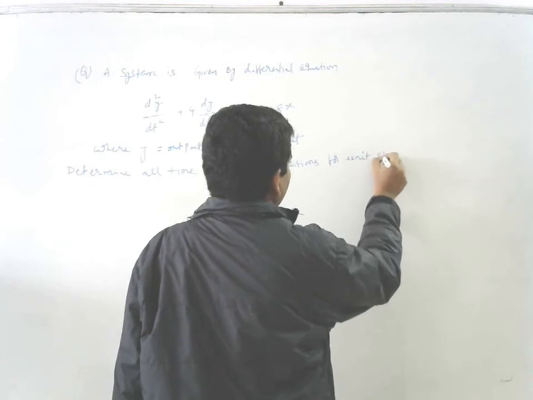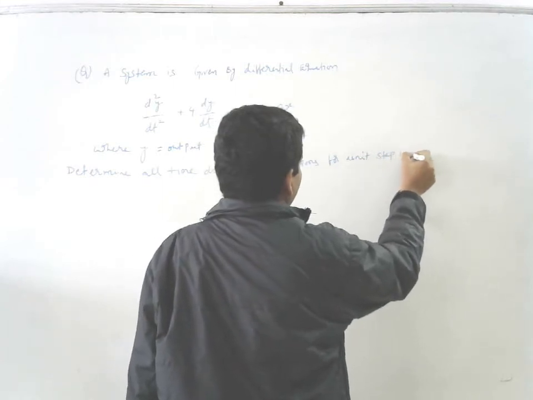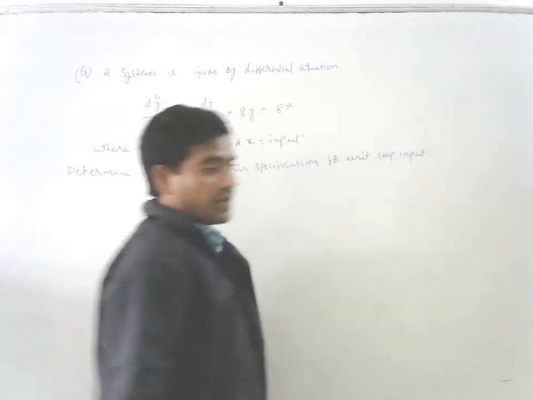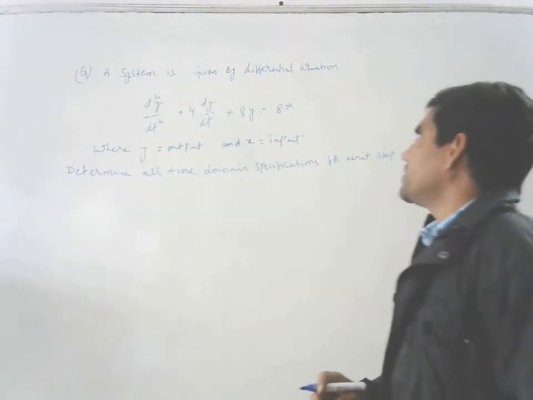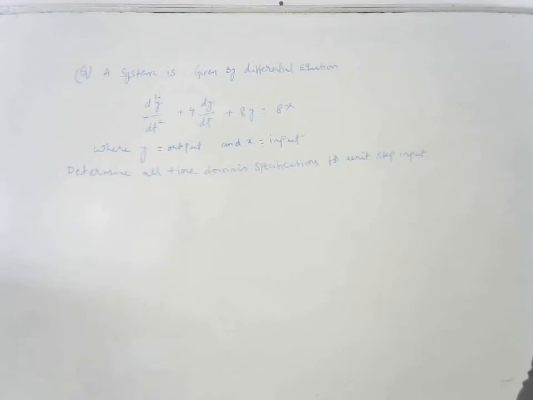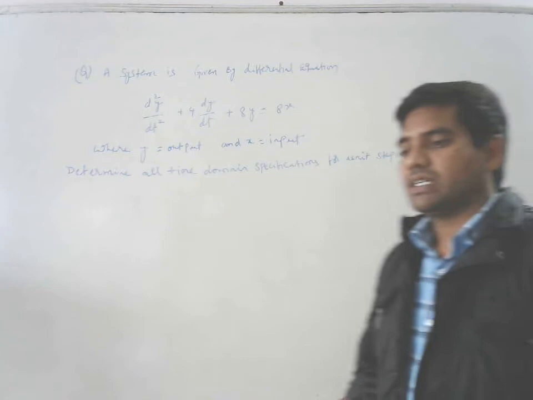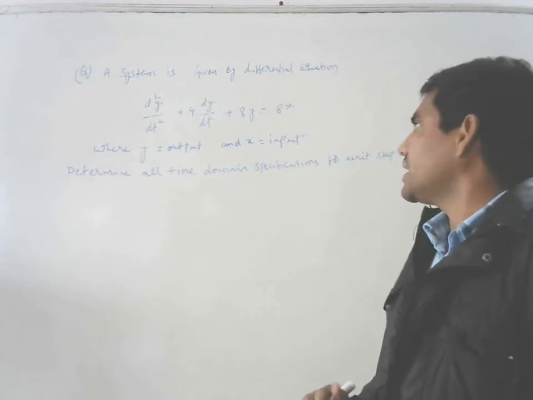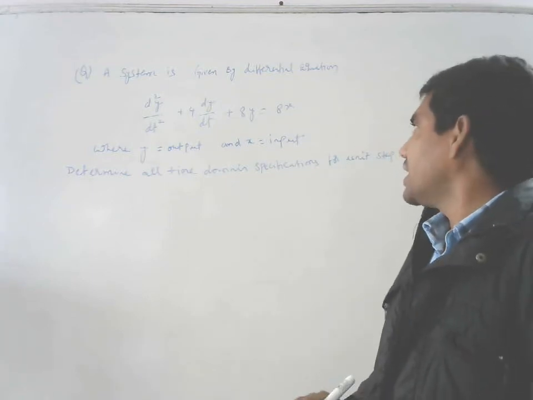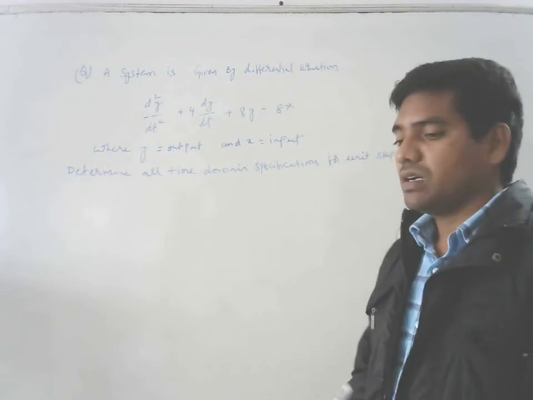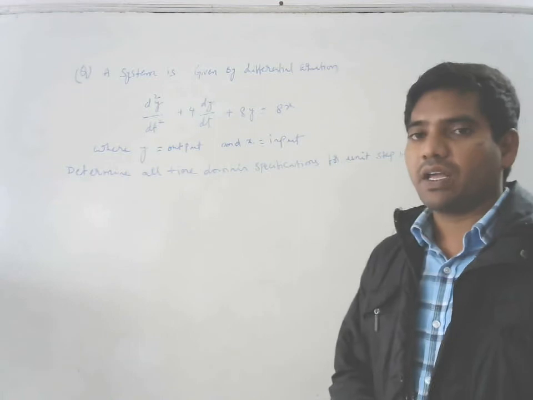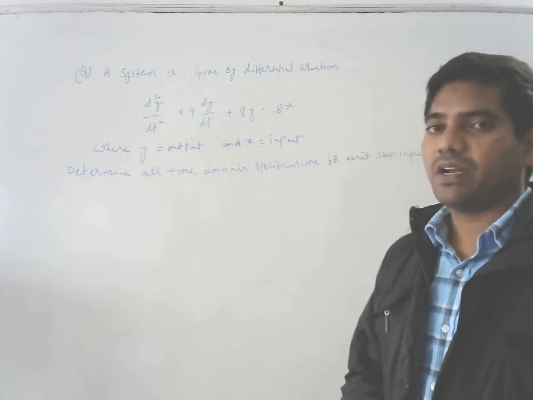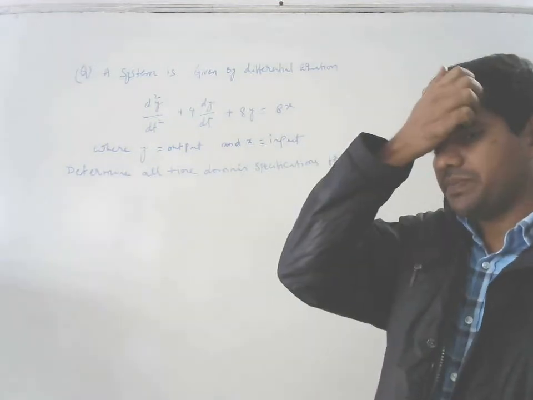To restate: a system is given by the differential equation d square y by dt square plus 4 into dy by dt plus 8y equal to 8x, where y equals output and x equals input. Determine all time domain specifications for unit step input.